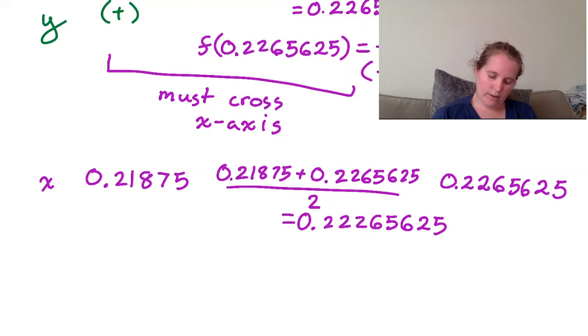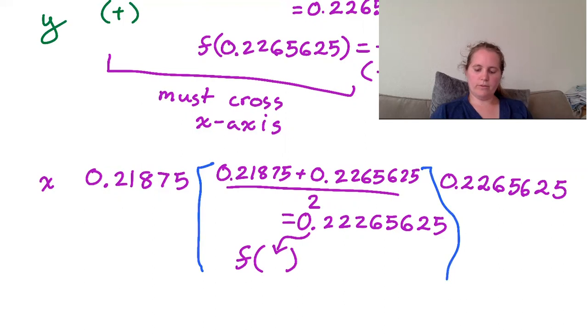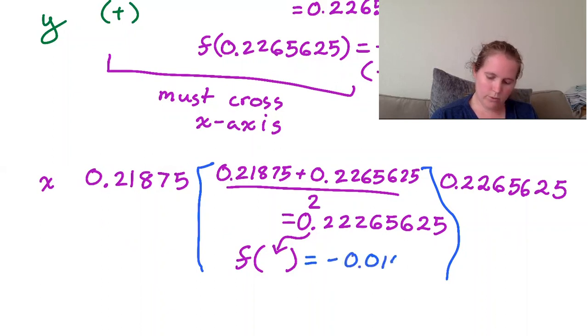If we find that function value, I'm not going to recopy that. Again, I realized I just forgot to change colors. So if we find this, this is equal to a negative 0.014. So again, this is negative.